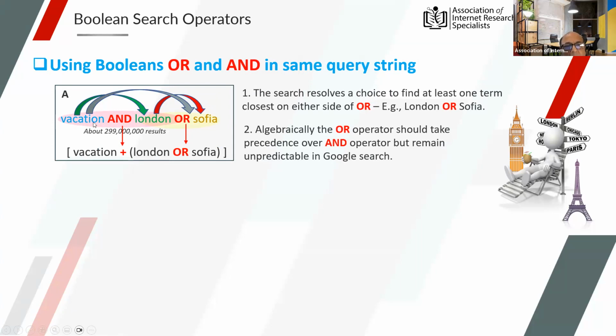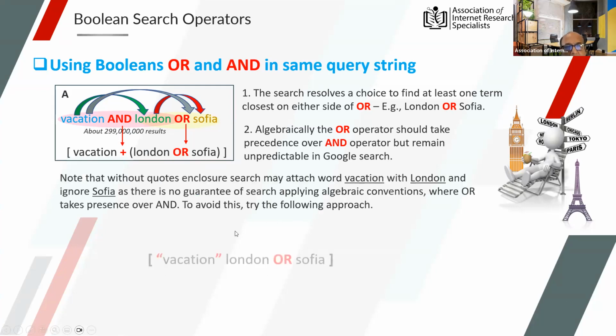We are showing vacation and we are showing London or Sofia. So what would be the result of this query? London or Sofia would get resolved first, and then it would emphasize or work with a reference to vacation, and you will get results shown similar to how we have equated it with the algebraic expression, translating these two. That's all, nothing really important.